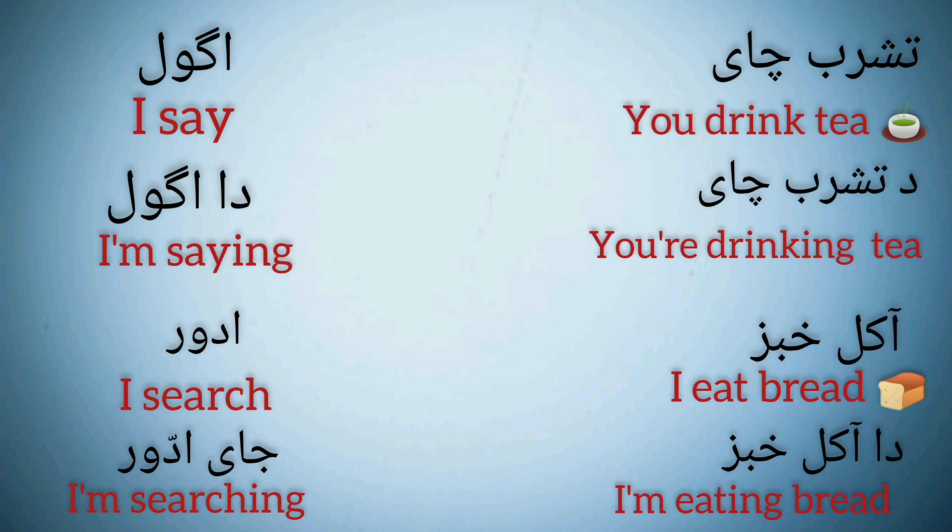For example, جاي أدور على الأصدقاء, I'm looking for my friends. As you see, the preposition for this verb أدور is على, I'm looking for.